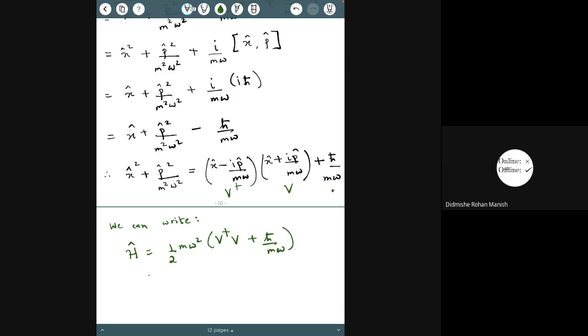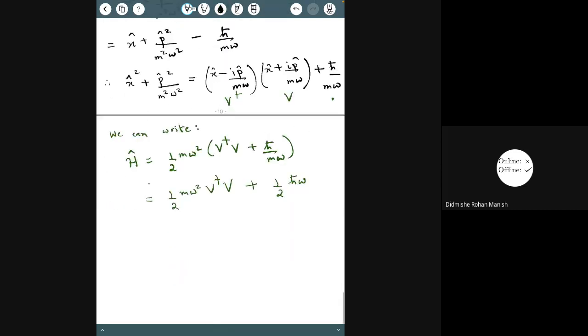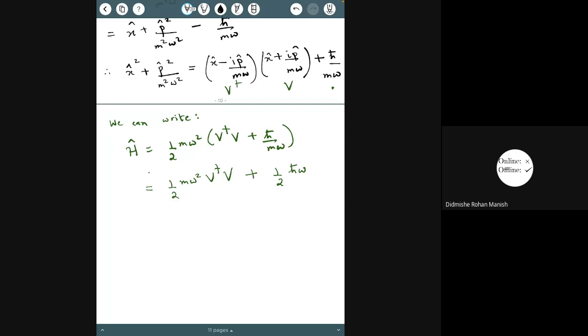I can open this out a little bit because I want to cancel the m omega from the second term: plus half h cross omega. So we did not manage a perfect factorization, but we did something quite close.